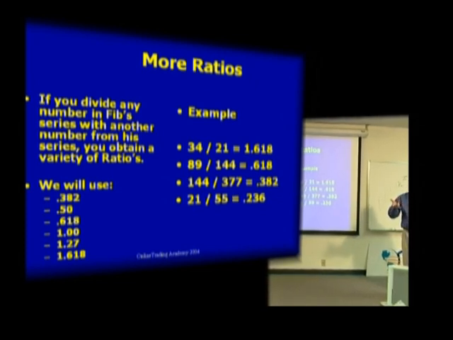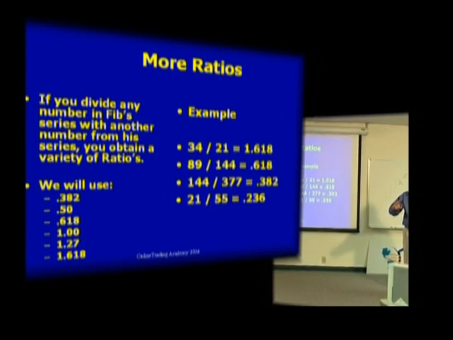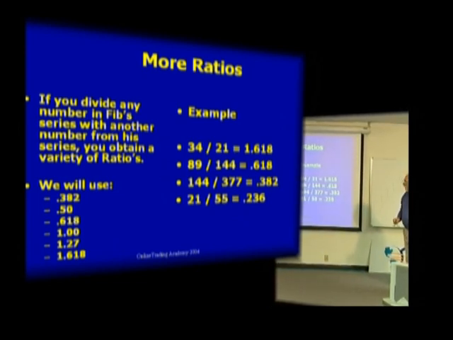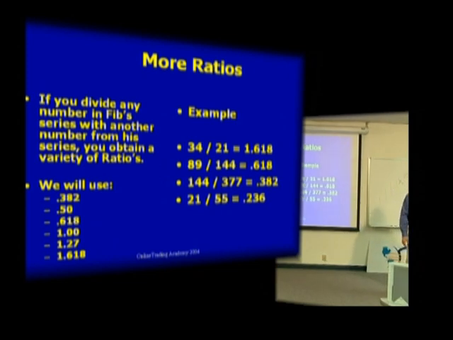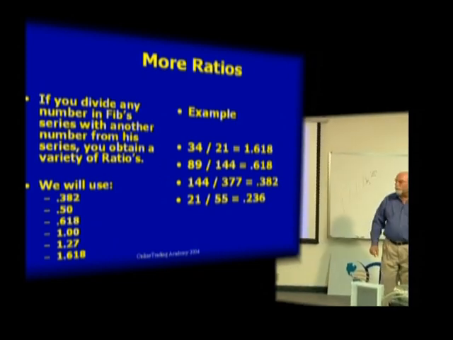The antithesis of 23.6 would be 76.4. Certainly 100%. The next one on that list is really 1.272, if you wanted to add an extra number to it. And then, of course, 1.618. But now we're starting to get way away from any common kind of prices.